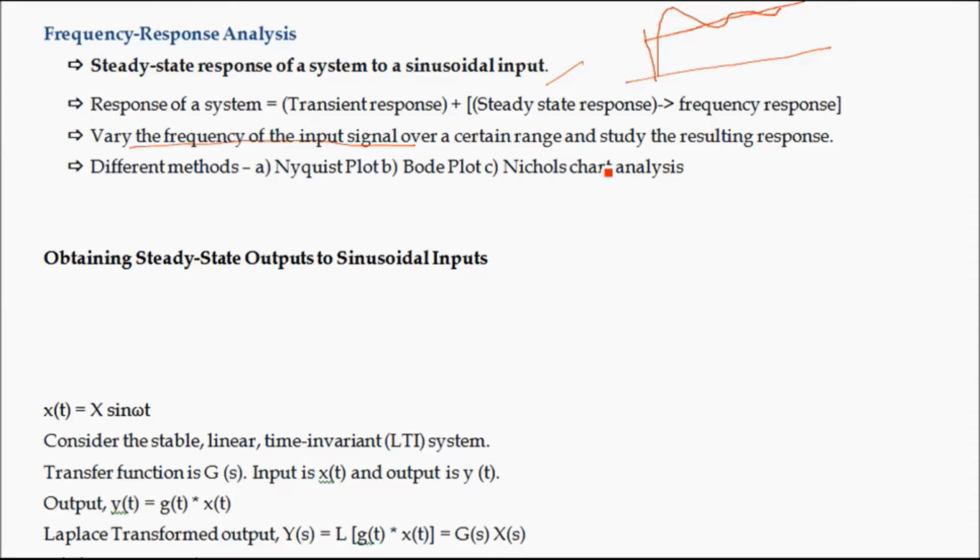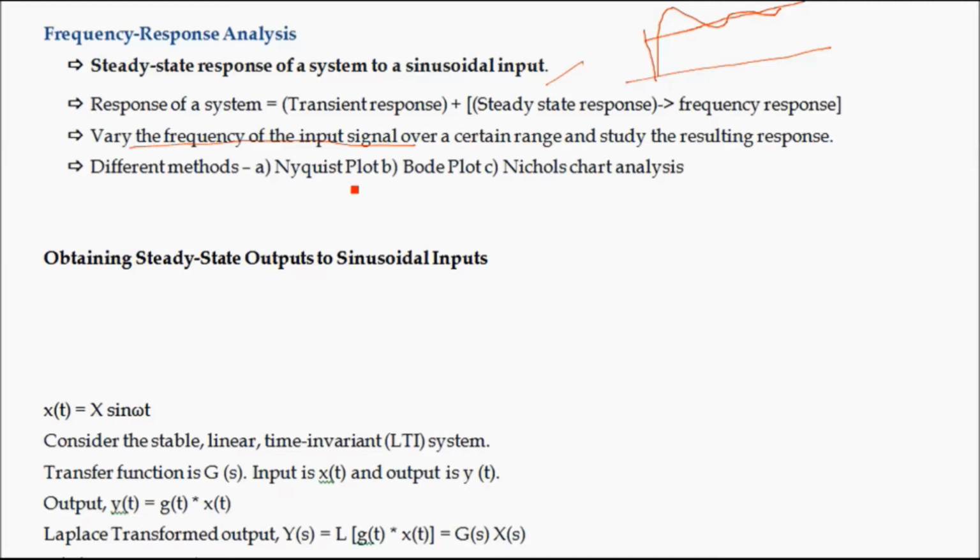The Nyquist plot is also called as polar plot. That is when we take the frequency from 0 to infinity, we call it polar plot, and when we take the frequency from minus infinity to infinity, the same plot will be called as Nyquist plot.